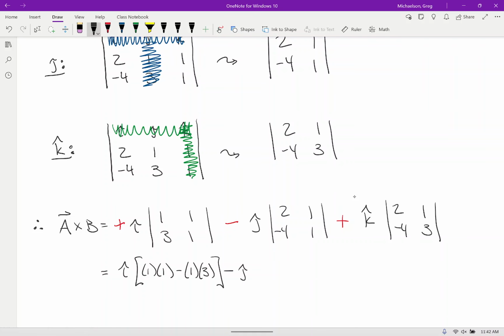Then minus J, 2 times 1 minus 1 times negative 4, plus K, 2 times 3 minus 1 times negative 4.